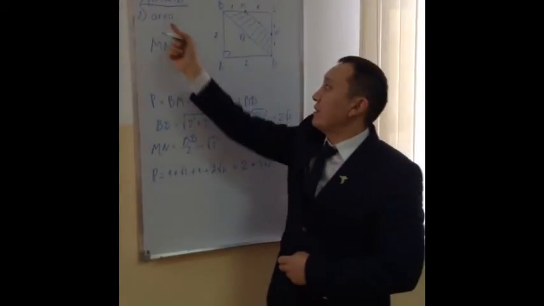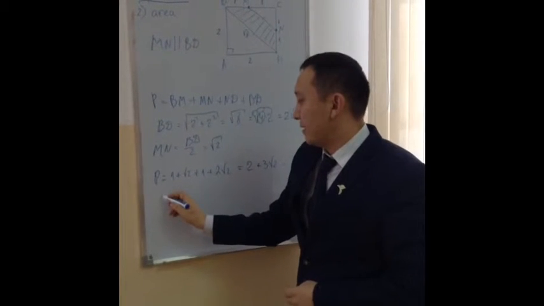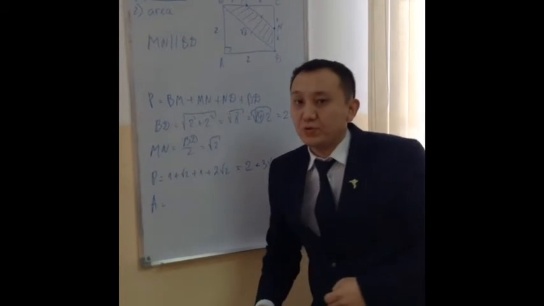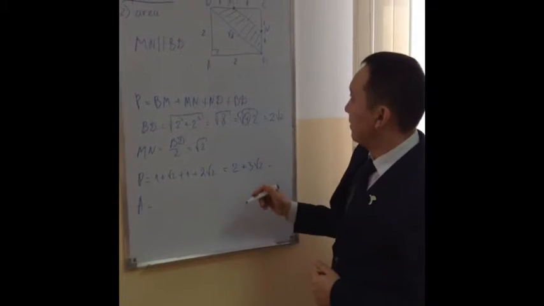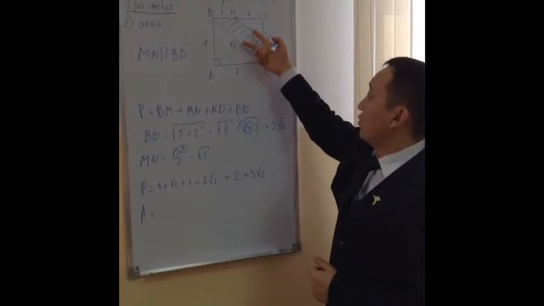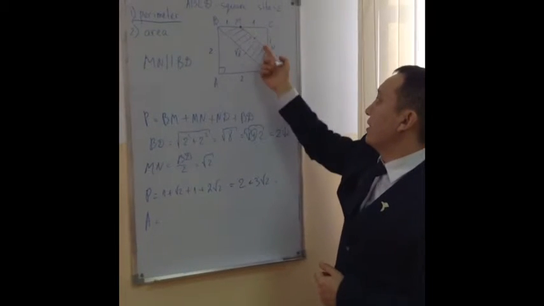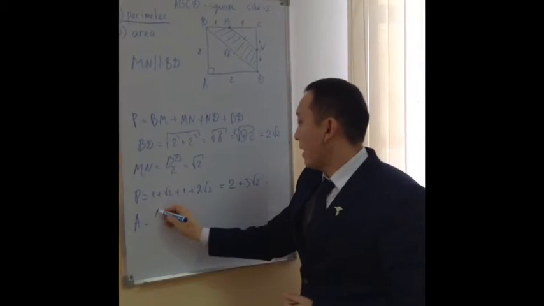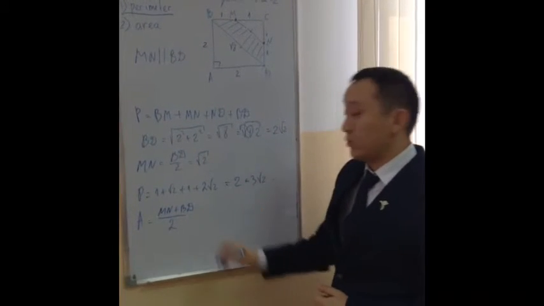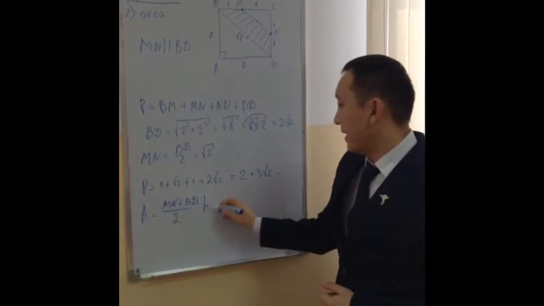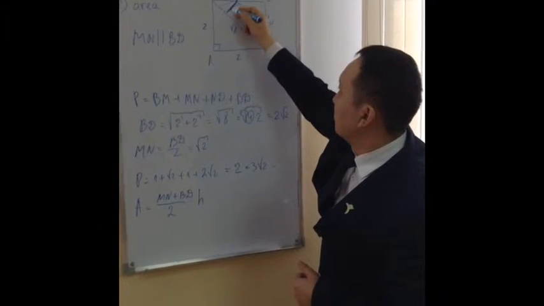And now we are going to find the area, the second task. For the area of a trapezium, we should know the formula. The area of a trapezium is equal to the sum of the two bases, MN plus BD, over 2, multiplied by the height of this trapezium.